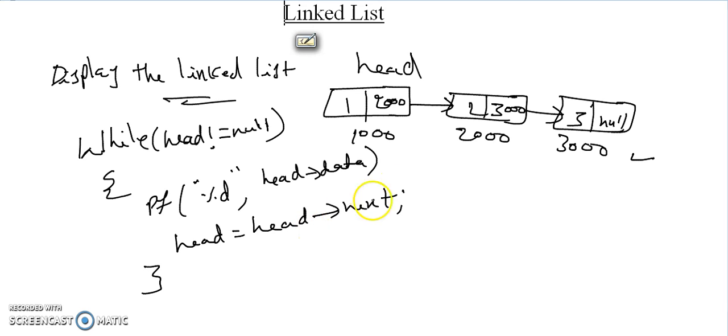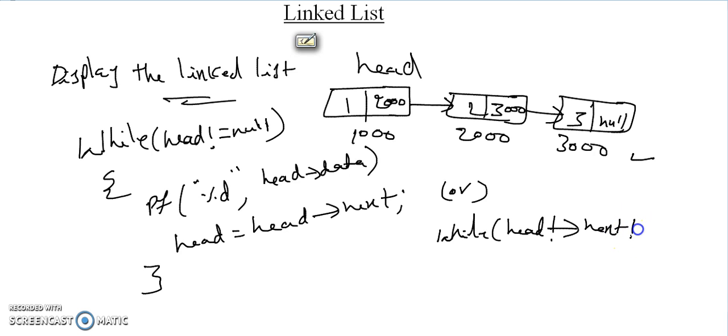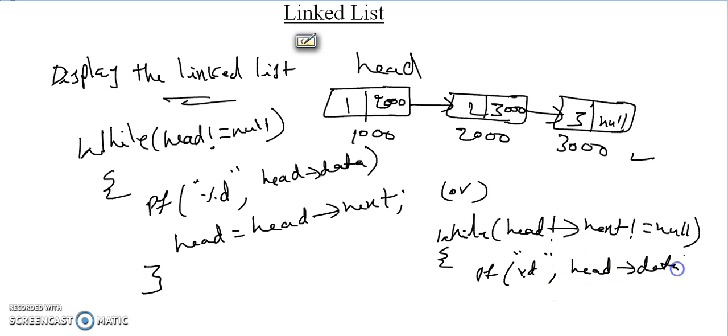And one more method is that while head of next not equal to null, printf %d head of data, then shift the head part, head equal to head of next.